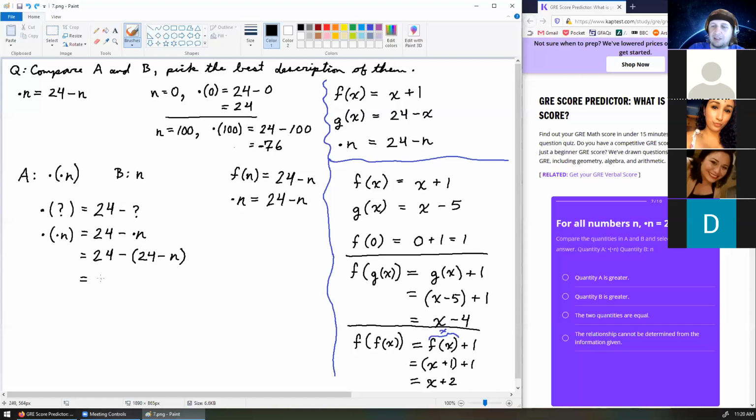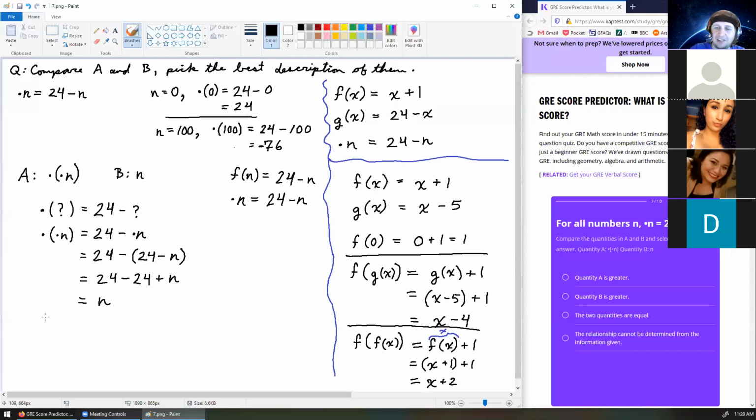Well, it's minus a negative n, right? The 24s cancel out, but that minus still stays there. So 24 minus 24, and also plus n. So we're left with n. So it's the same.